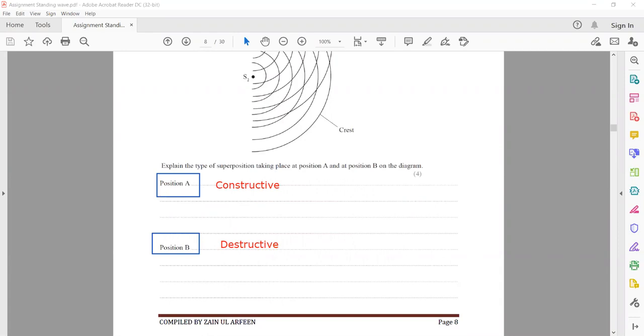Because the two waves are in phase at A, and the two waves are in antiphase at B.